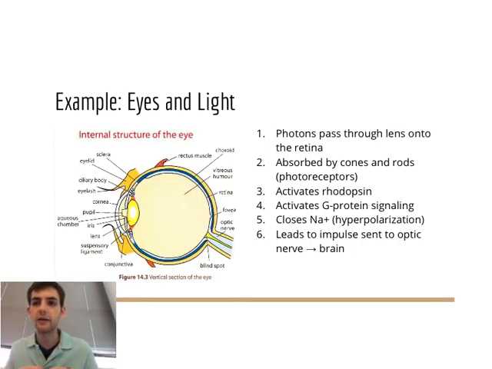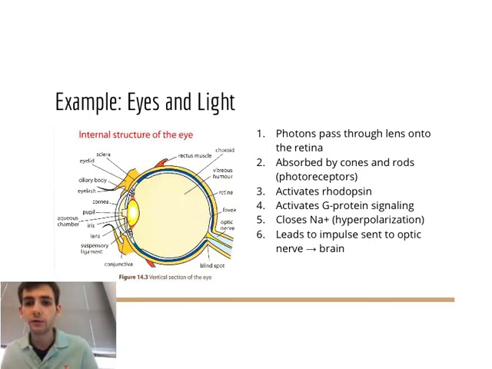In the retina, we have these cones and rods, which are photoreceptors. They're going to be receptors that are receiving these photons, and this activates a pigment called rhodopsin. So rhodopsin is now activated. If you remember from cell communication, we talked about G protein signaling molecules, or G protein coupled receptors. We're going to activate that, which leads to a series of cell responses.